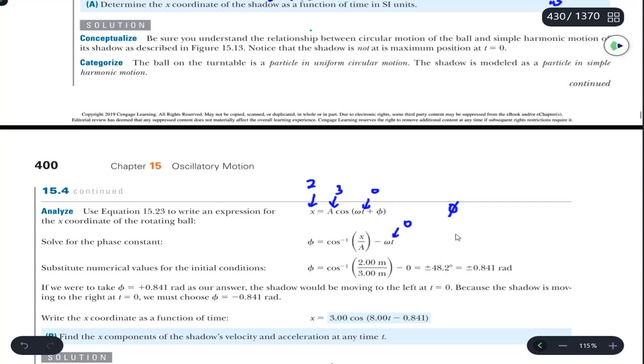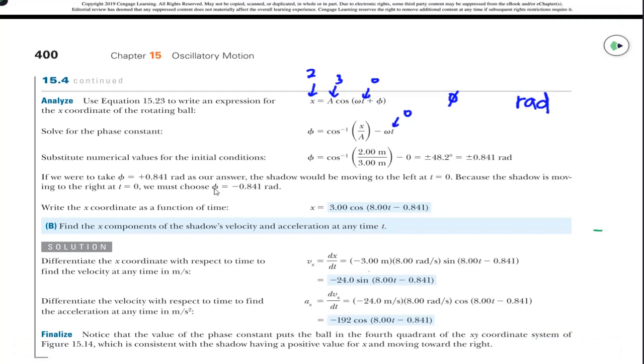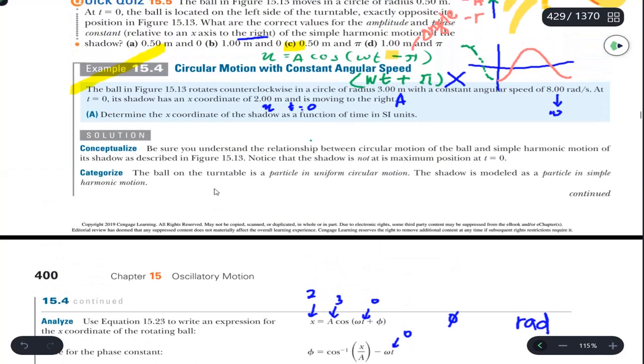Now, something to ponder and recall whenever you are dealing with this process: radian mode. Okay, so arriving with this answer, it's a plus and minus. The key word that we are going to look at is that the system is moving to the right.